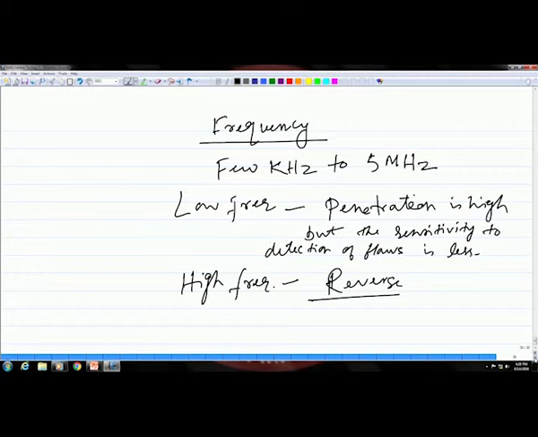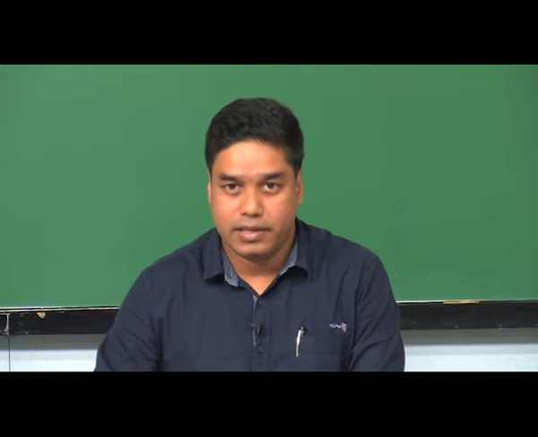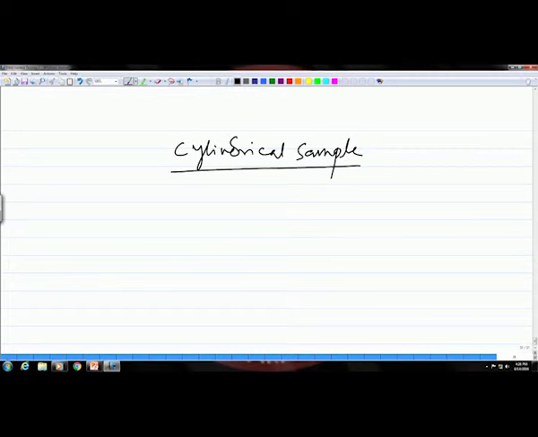Now, the question is, how do you select the test frequency when you are doing the testing? That would depend on what kind of part you have and what exactly you want to do. For example, if you have a cylindrical sample, in this case a characteristic frequency can be defined first.